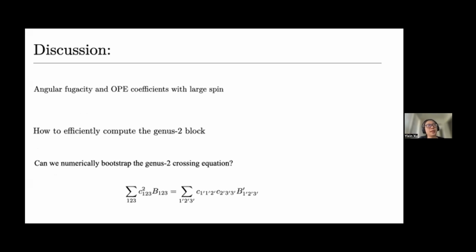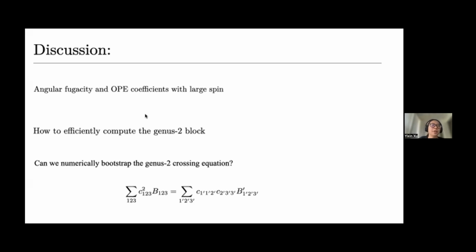But other interesting directions include, for example, in this work, we only focus on the case where all angular fugacities are turned off. It would also be interesting to consider what happens when we turn on some angular fugacities in the geometry. In that case, we'll be able to extract OPE asymptotics with very large spin.